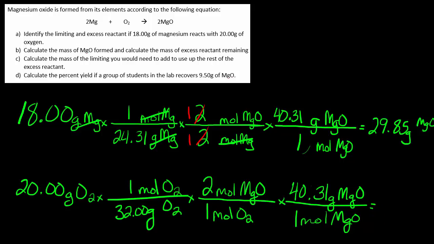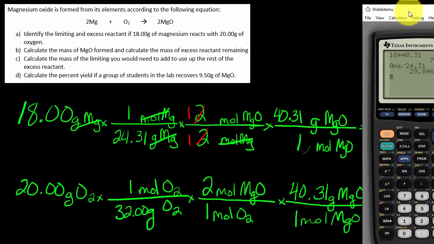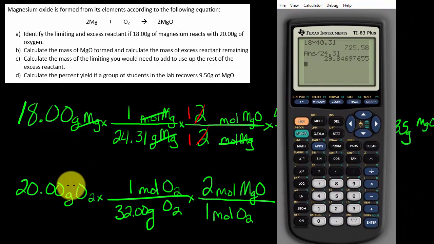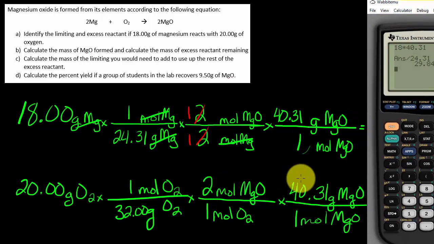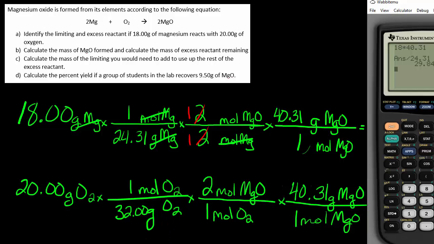Okay, so let's grab our calculator and do our math here. So we have 20, let's see, that's going to be out of the frame there, isn't it? All right, we're going to have 20 times 2 times 40.31 divided by 32.